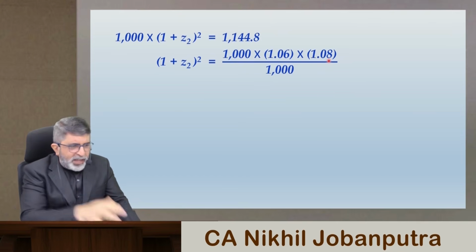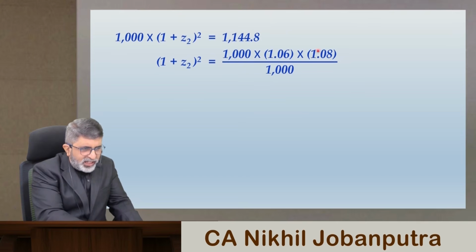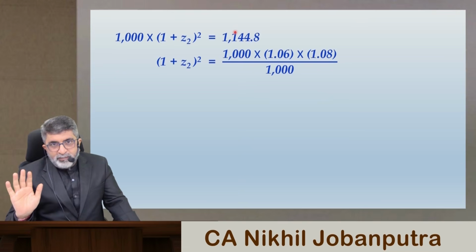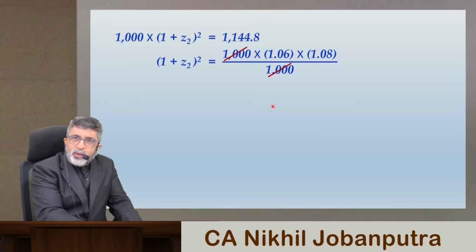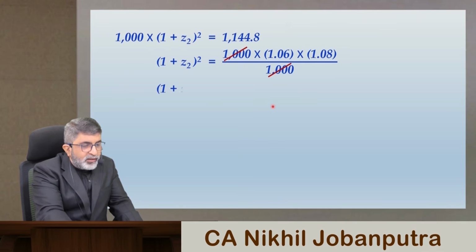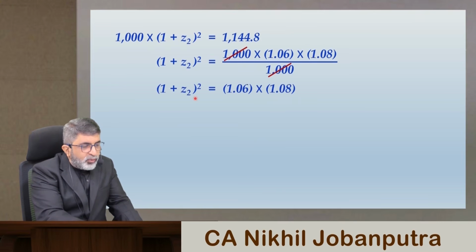At any point of time, mathematically, if you multiply these three, obviously you are going to get this. Now, why am I doing all this? From the right hand side, we can cancel out this 1000 and 1000. So eventually, what is (1 + Z2)²? It is 1.06 into 1.08.